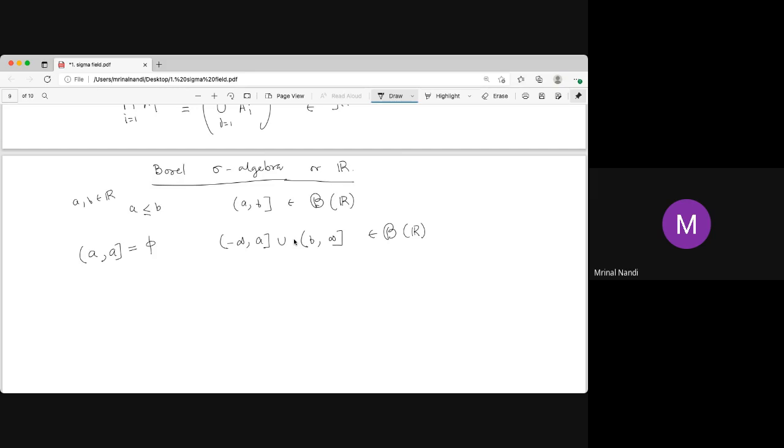This collection is called the Borel sigma algebra. Then any element of the Borel sigma algebra is known as a Borel set.